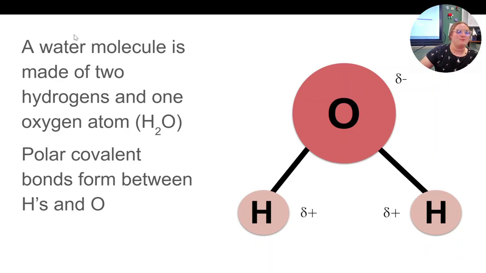So we have polar covalent bonds that form between the H's and the O. We also have this uneven sharing of electrons, and this is what makes water a polar molecule. Water has two separate ends: a positive end with the hydrogens, and a negative end with the oxygen. So again, hydrogens are positive, oxygen is negative.